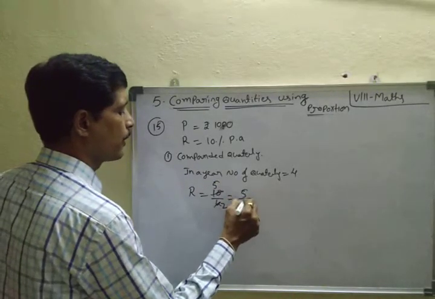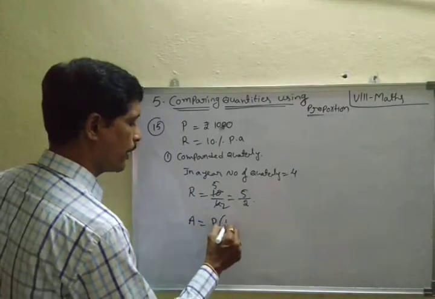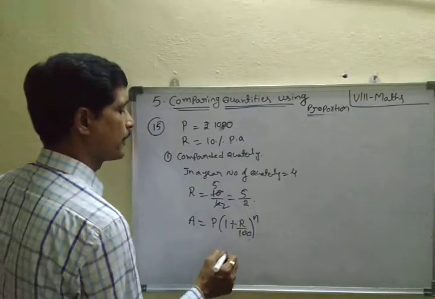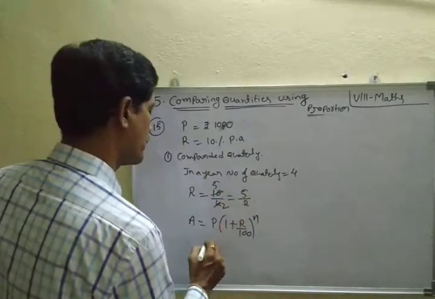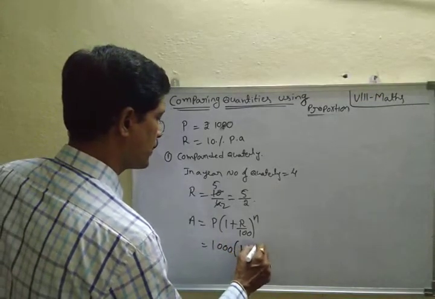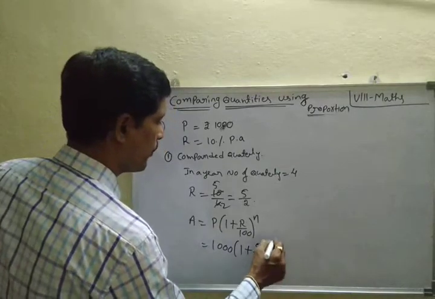Therefore, A equals P into 1 plus R by 100 whole power n. Here n equals 4 quarters. Therefore, P equals 1000 rupees, 1 plus 5 by 2 into 100, whole power 4.